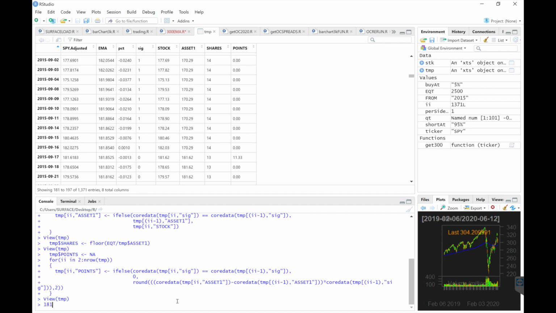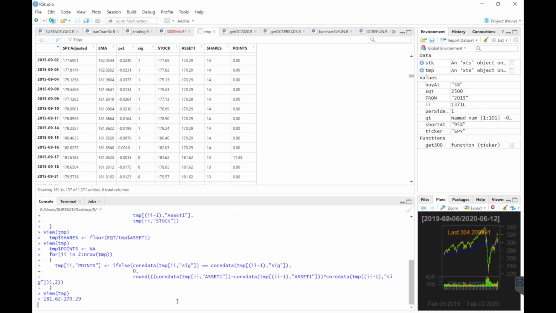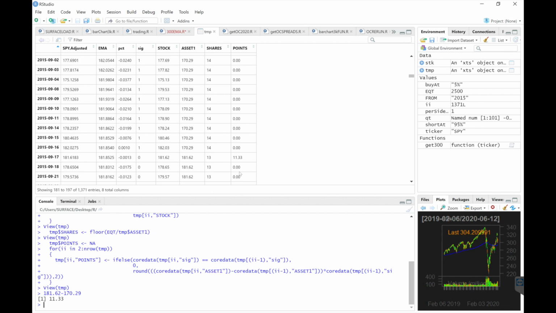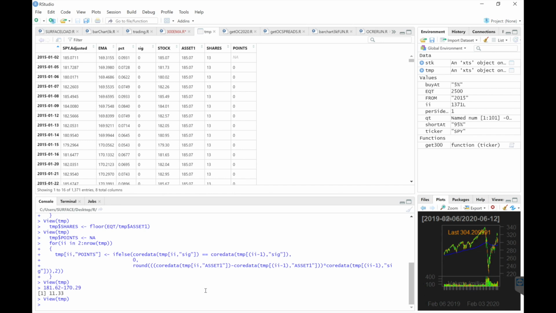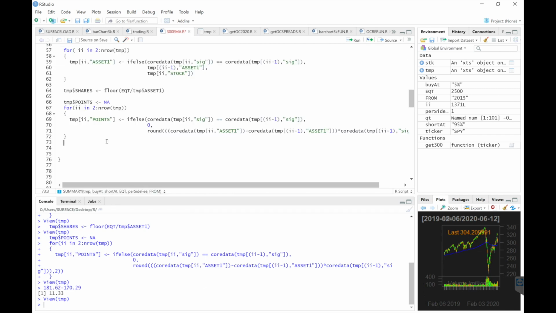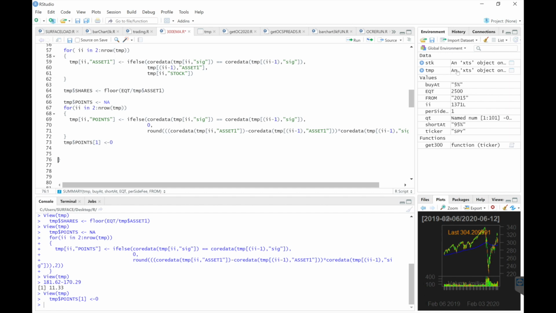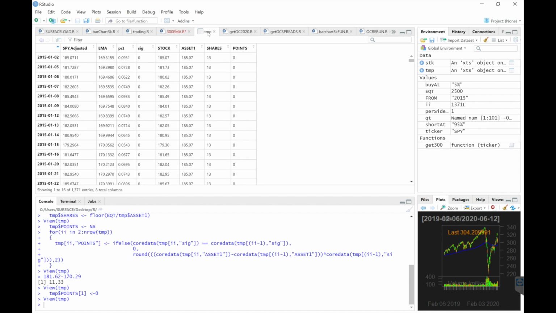So we'll subtract 181.62 minus 170.29, and we get 11.33. Alright, good. I'm going to replace this with 0. So we use temp points. The first observation, change it to 0. Great.